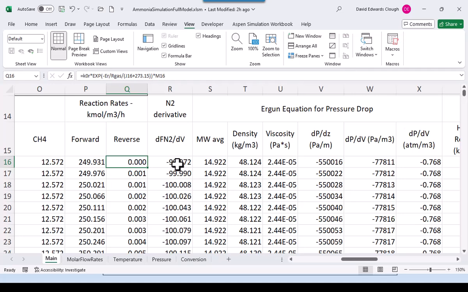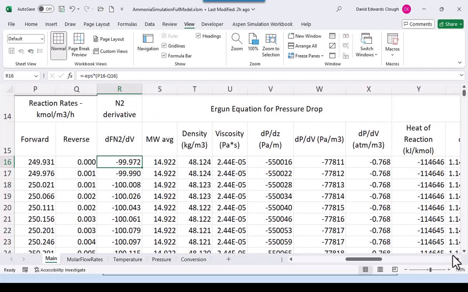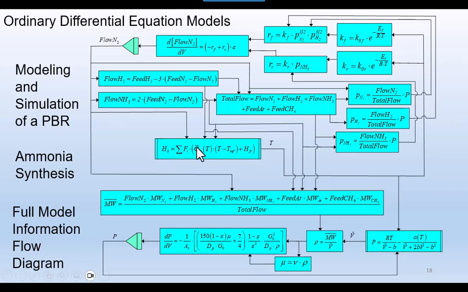Because here I've got the same derivative for my flow of nitrogen, all right, molar flow of nitrogen, but now I get into a block here to solve the Ergun equation for pressure drop, and I need the average molecular weight, which you can see back here, this block, I need that.